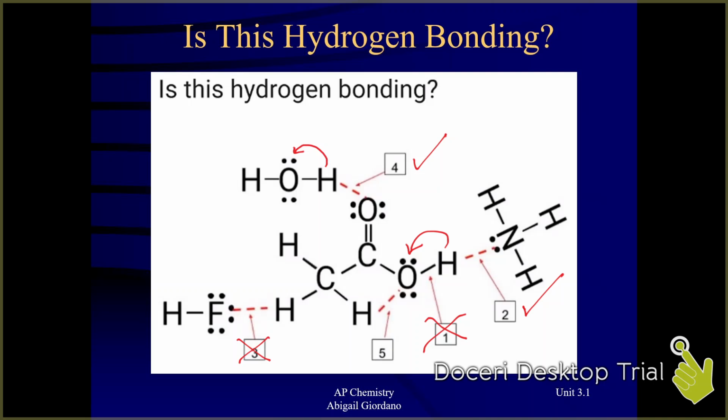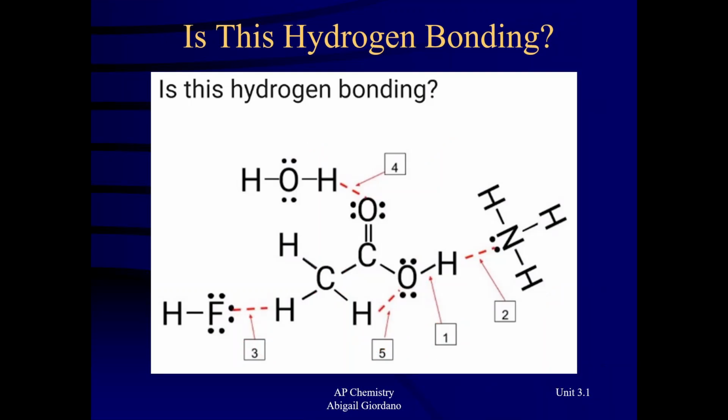It is between H and one of the FON elements, but guys, again, look at what the H is bonded to. That is not hydrogen bonding. Okay, so you've got to be very careful. You'll see this in multiple choice a lot. Is this hydrogen bonding? Which of the following is an example of hydrogen bonding? That sort of thing.